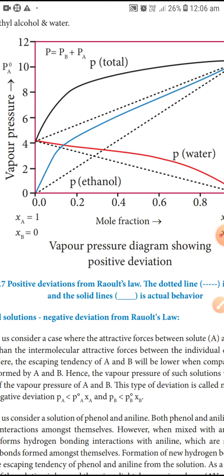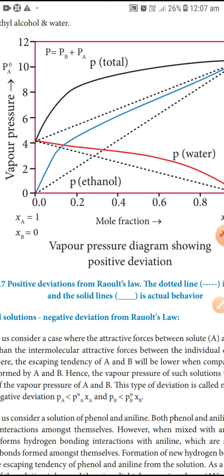Let us consider a solution of phenol and aniline. Both phenol and aniline form hydrogen bond interactions amongst themselves. Phenol, formula C6H5OH, will form hydrogen bonds. Aniline, C6H5NH2, also contains intermolecular forces of attraction.